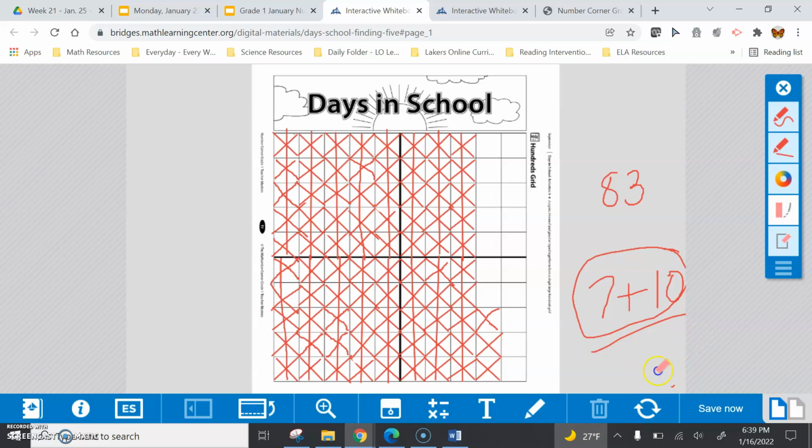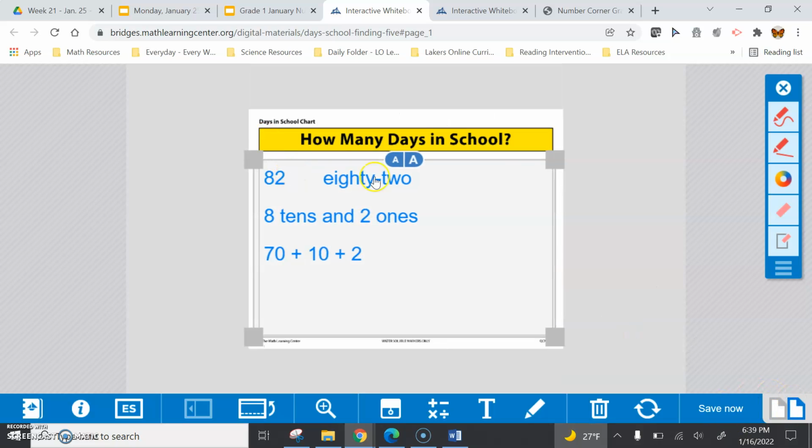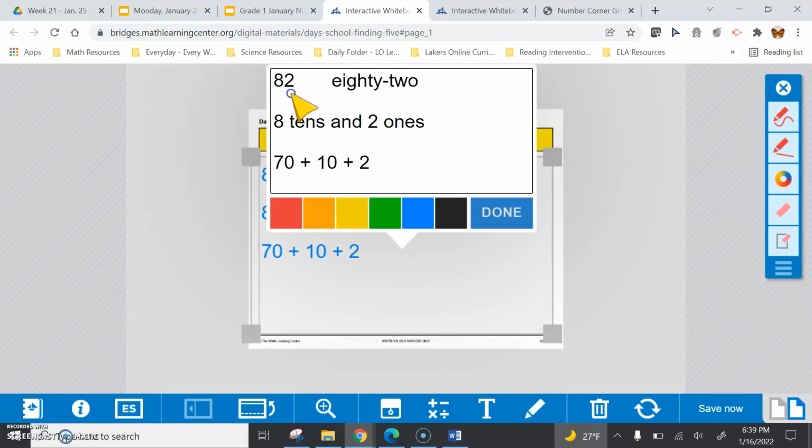We'll erase this. We'll take care of putting our days in school on our other chart. And then we'll do some more things together. So we'll save that. Now we'll add another day to our days in school here.